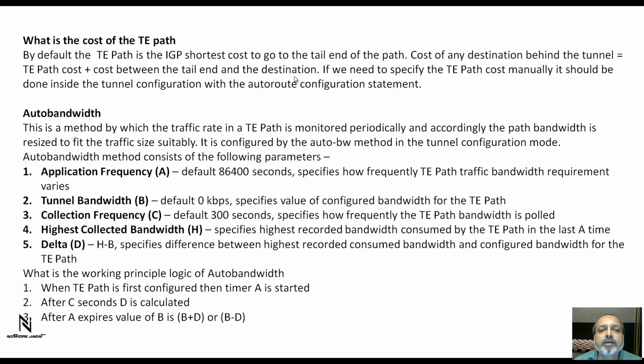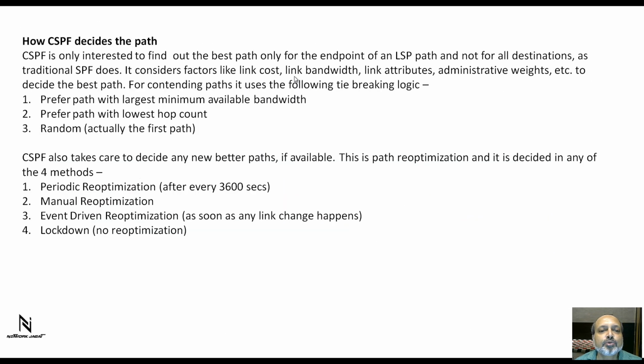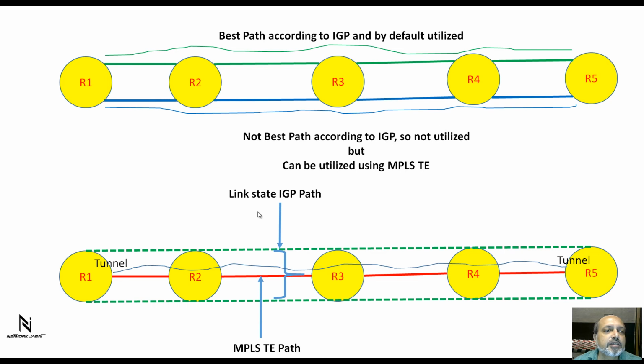So let us come to this figure. Let us assume that this is an IGP path and this is an MPLS path, and our destination is just the tunnel endpoint. In that case, no load sharing.